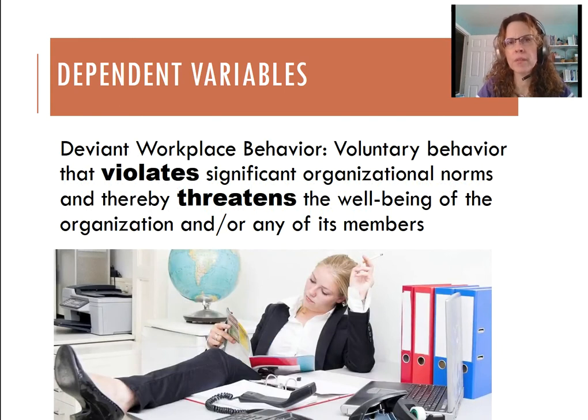Another dependent variable that we care about is deviant workplace behavior. Basically, when people do things they're not supposed to do, like stealing. What do you think the number one thing is that people steal from their workplace? I'll give you just a bit to think about that.